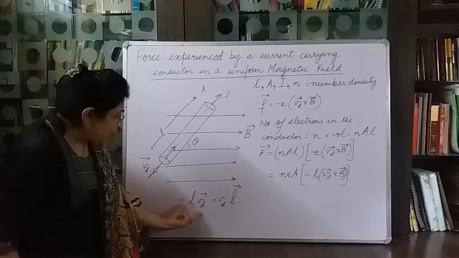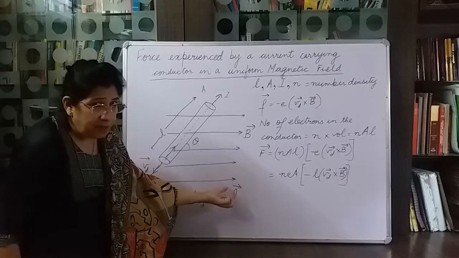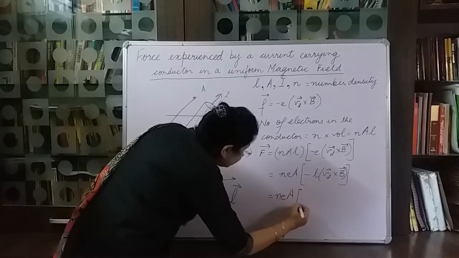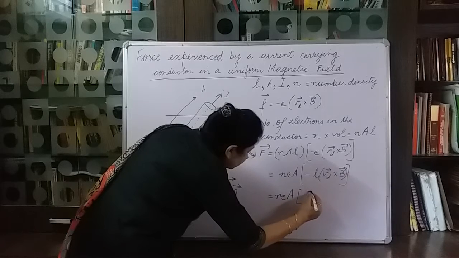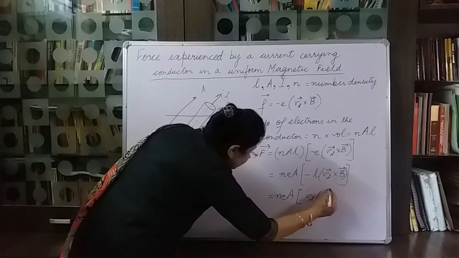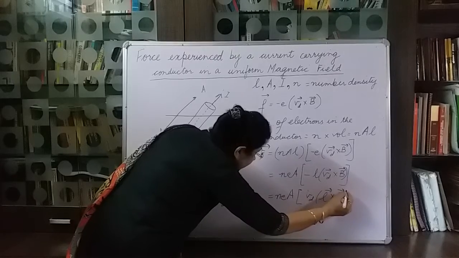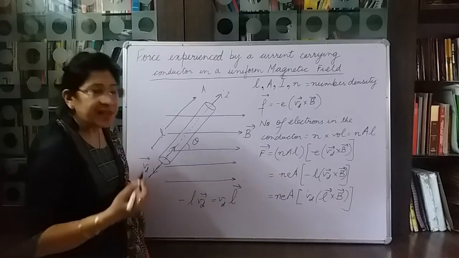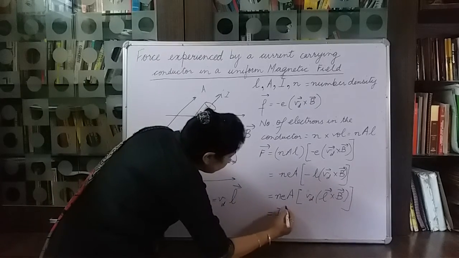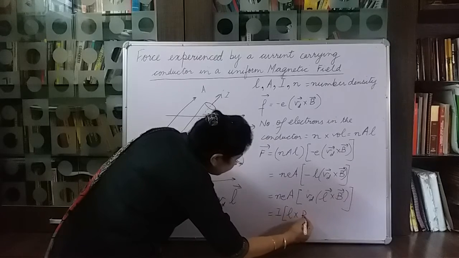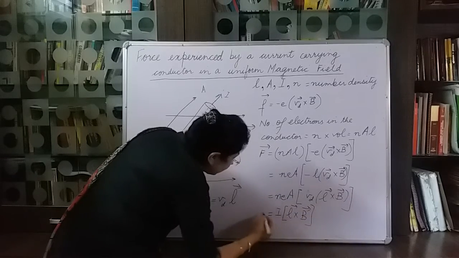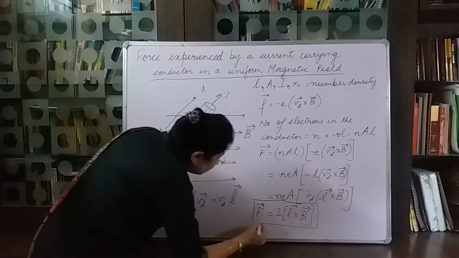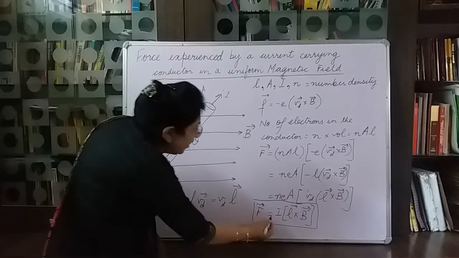So we can substitute for this term as Vd L vector, and we get here neAVd. From the last unit, it is current, so the force experienced by the current carrying conductor would be I L cross B.